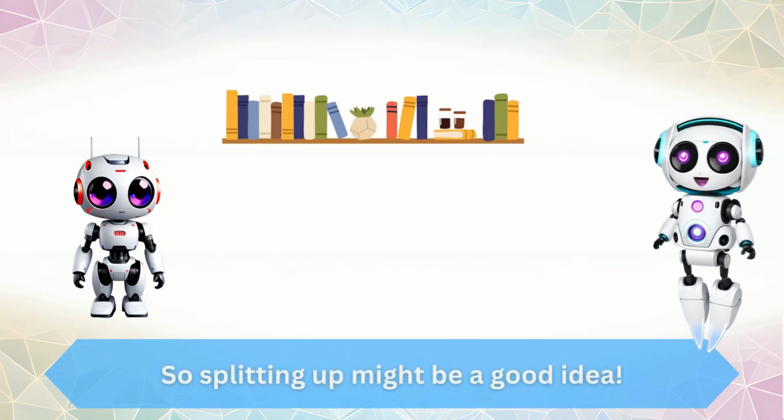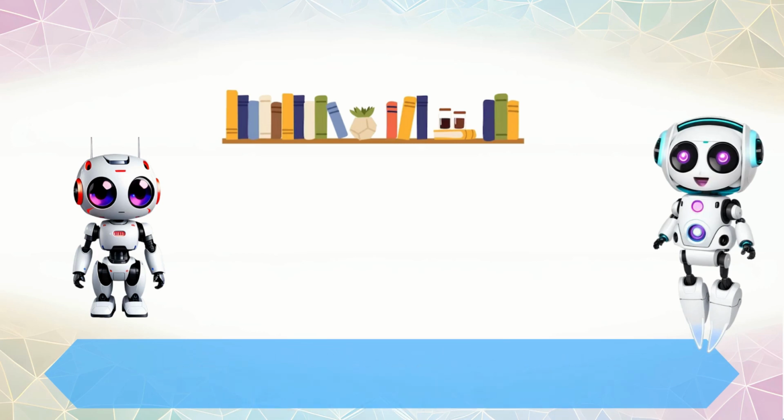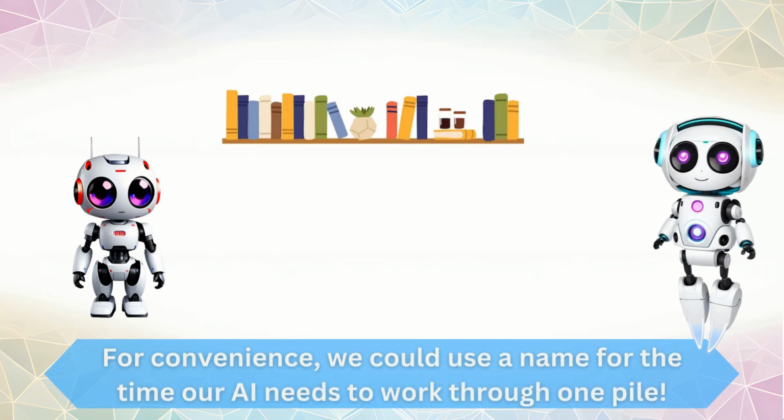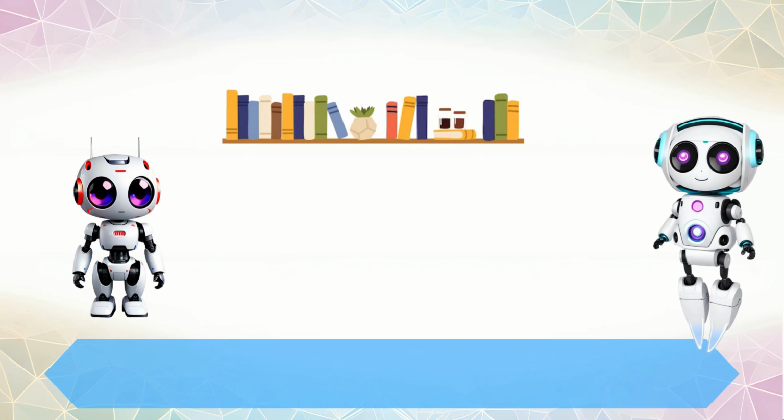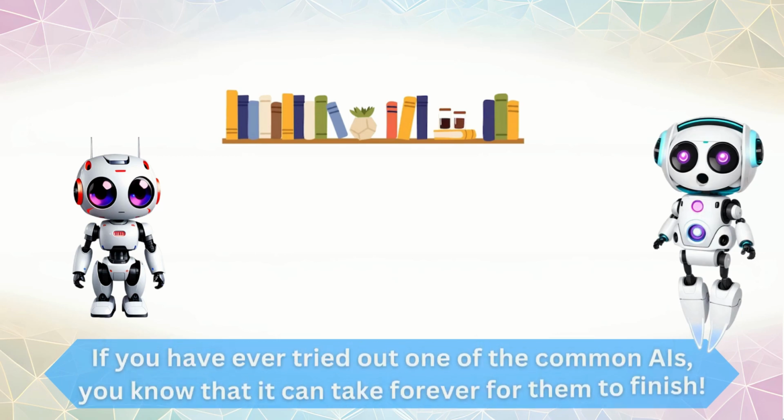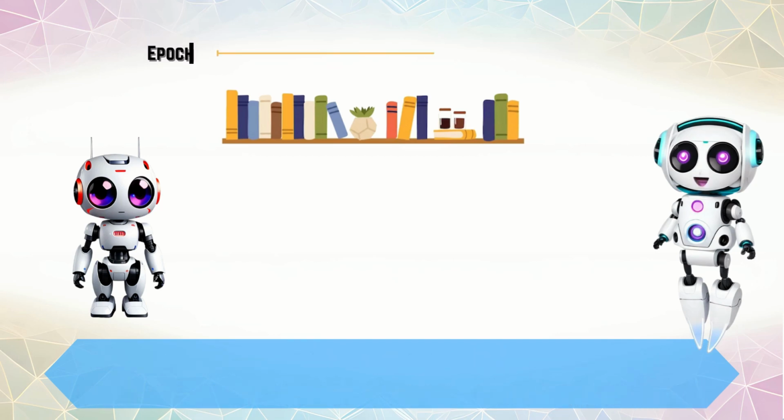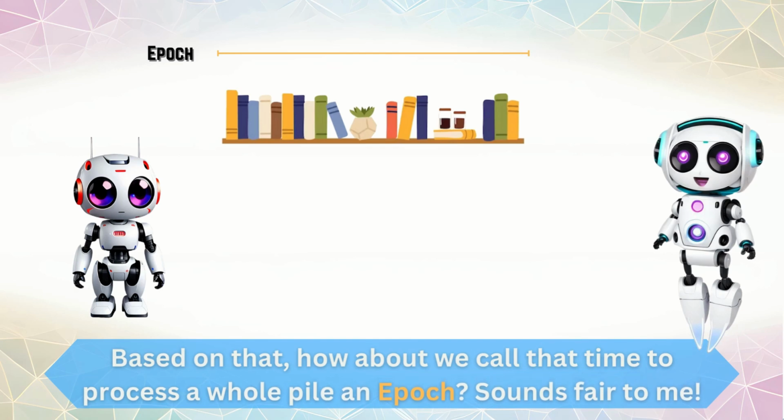So splitting up might be a good idea. For convenience, we could use a name for the time our AI needs to work through one pile. And if you have ever tried out one of the common AIs, you know that it takes forever for them to finish. Based on that, how about we call the time to process a whole pile an epoch?